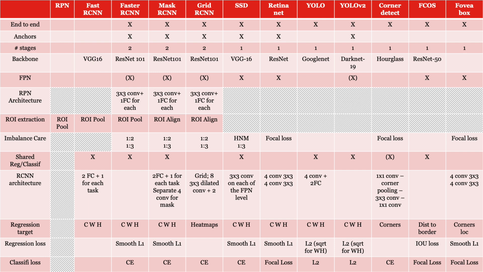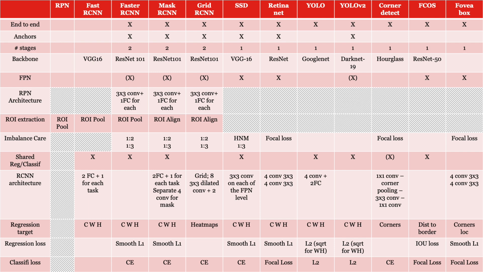So we arrive roughly at the end of this cataloging of all the possible solutions of one-stage detectors, and the comparison with the two-stage detectors. So you have here some kind of summary of the different characteristics.